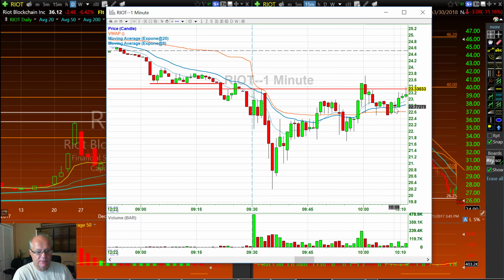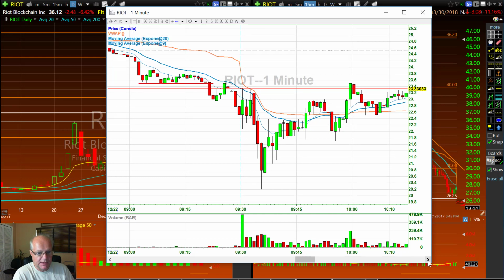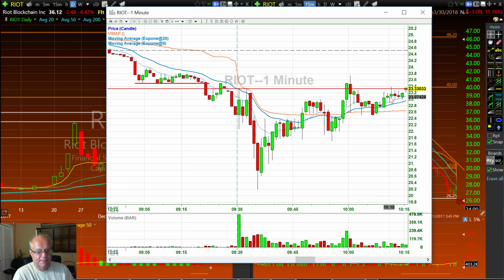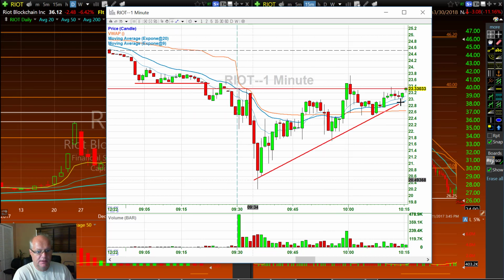Coming back down, holding VWAP, and now look at the EMAs squeezing up underneath it. That's your support right there. And that's probably a much better spot to try to go long, because you have this trend line of support underneath here, and your EMAs are squeezing up, and it's coming up to this level.